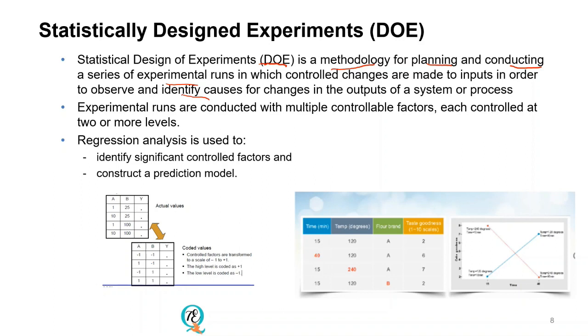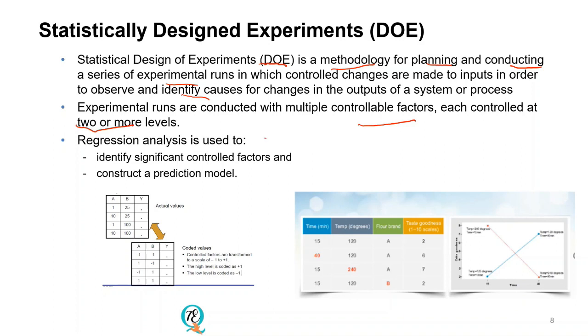The experimentation runs are conducted with multiple control factors at the same time, which can be controlled at 2 or 3 levels, and are designed into a table, and the experiment is run.